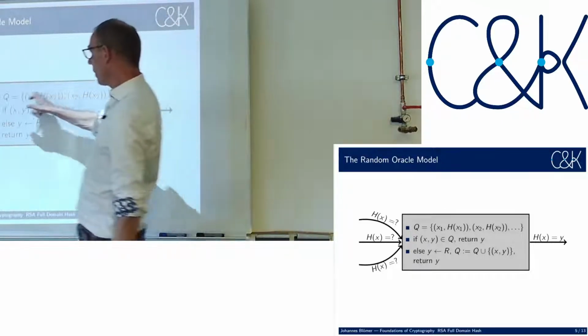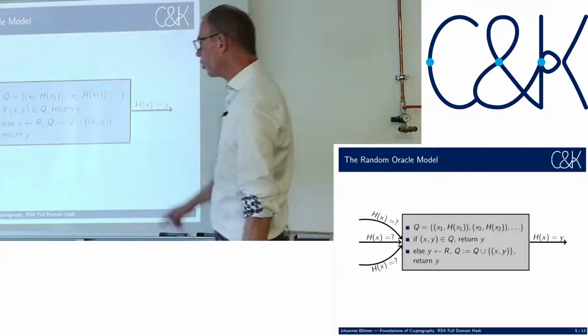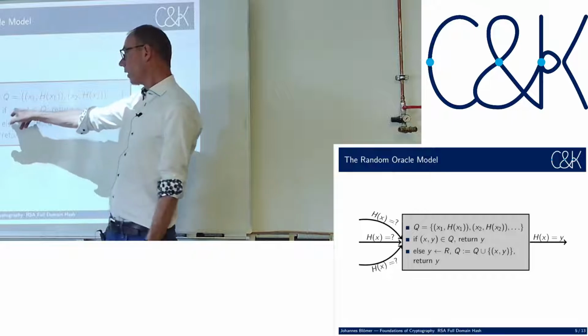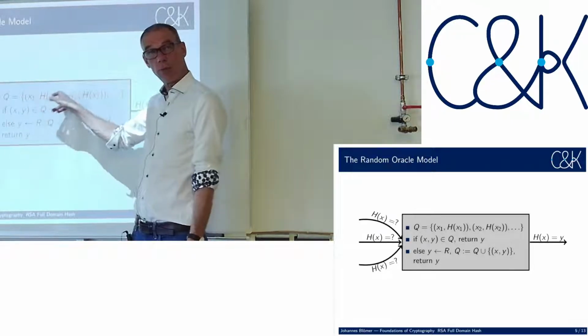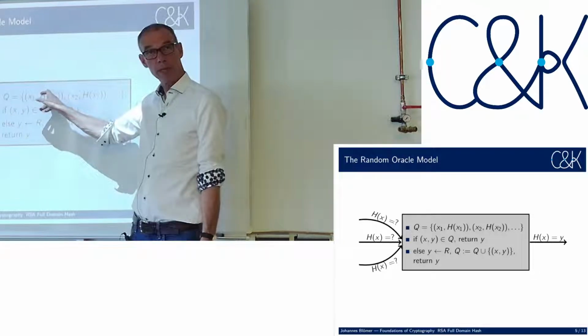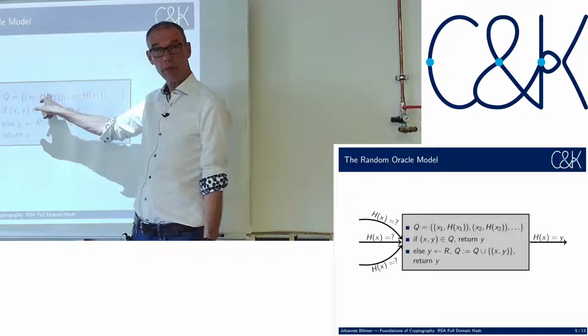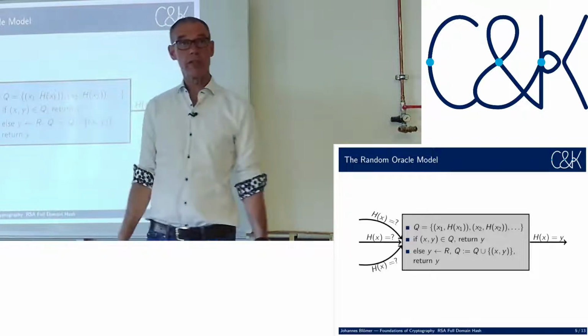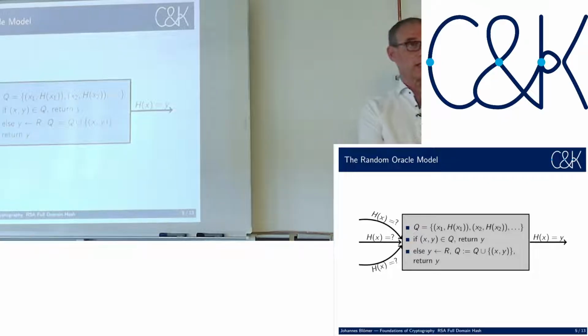Now, if a new query comes, such an h of x, it checks whether there is already an x as a first component in this list of pairs. If so, it retrieves the second component of that pair and returns that y. This guarantees that queries are answered consistently.